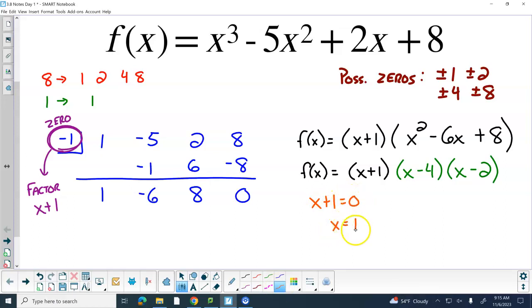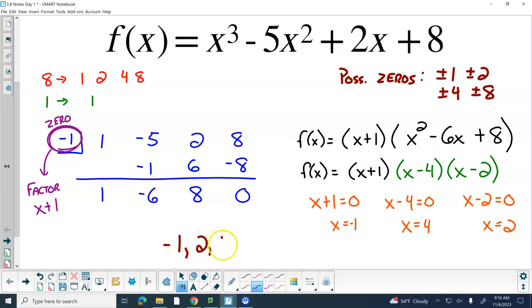So here's the one that we found, -1. Here is the next one, 4. Here is the third one, 2. So the 3 zeros for this function are -1, 2, and 4.